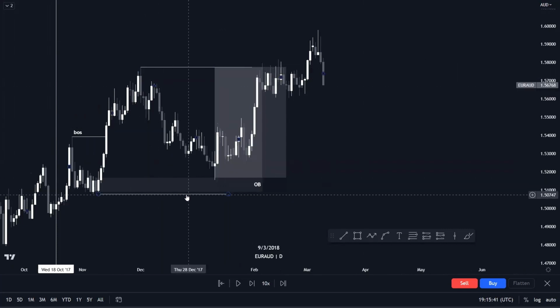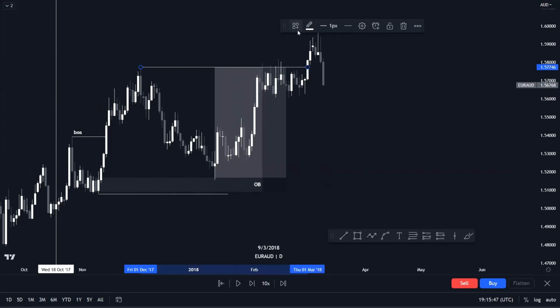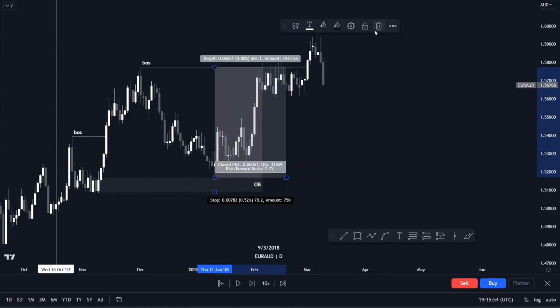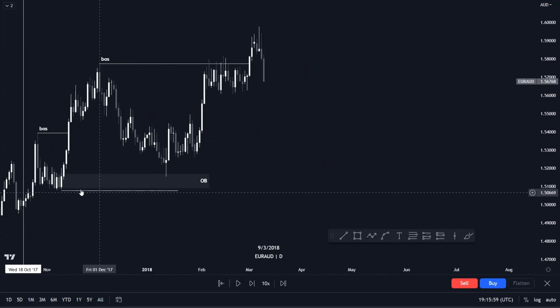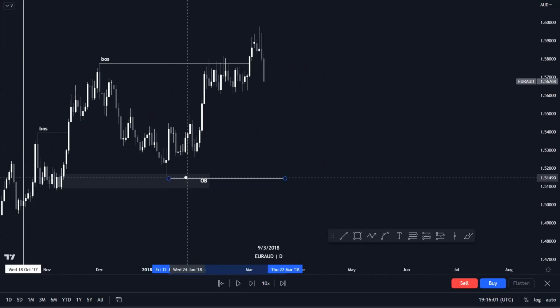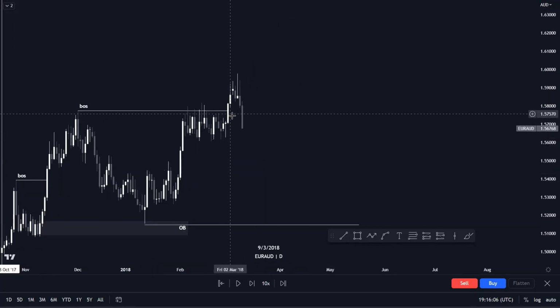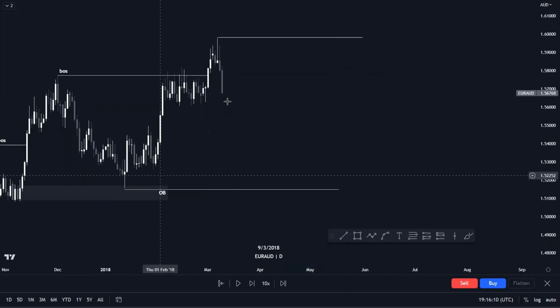Okay, so now moving on, we have a new break of structure here and a new high and low. So this here will be our new break of structure. And here we have a new higher low, and we can see that price is currently ranging between this high here and this low here.